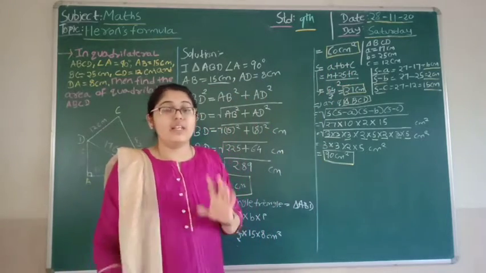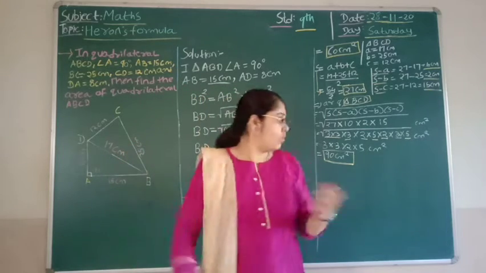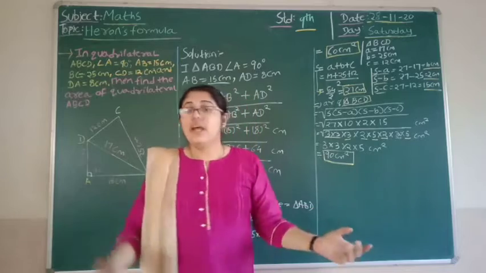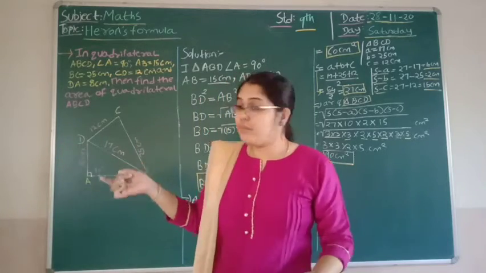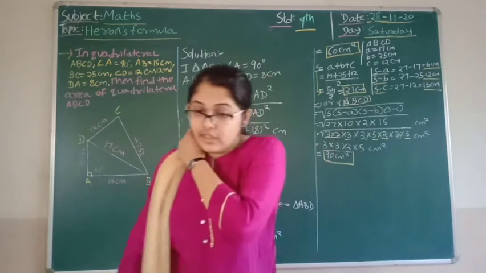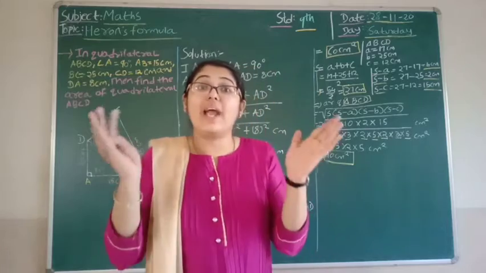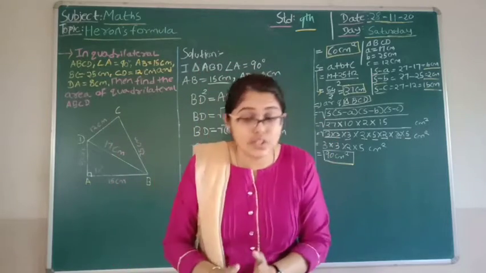Then we found the area of this second triangle, which is equal to 90 centimeter square, and this whole quadrilateral has been made by these two triangles. So the very last step we need to do is find the area of this quadrilateral. For that we will add the area of both the triangles.